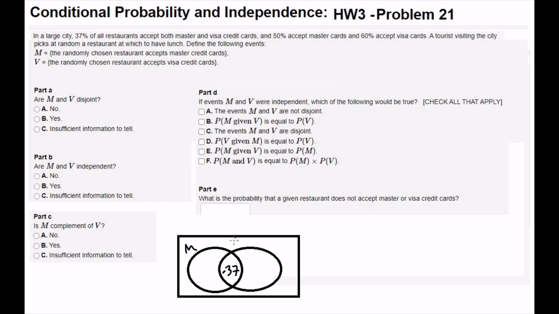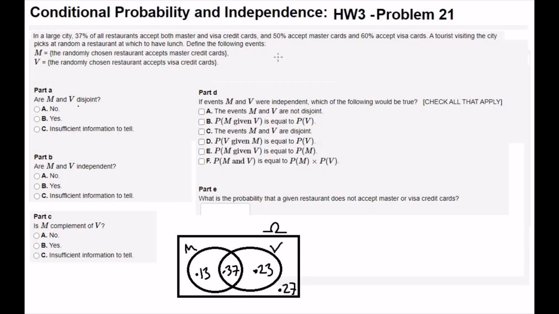So the remaining is 13, plus 37 is together 50%, and this is going to be 0.23, plus 37 is 60% together for the Visa card. And this altogether is 73%, so the rest is 0.27. Now our sample space is ready.